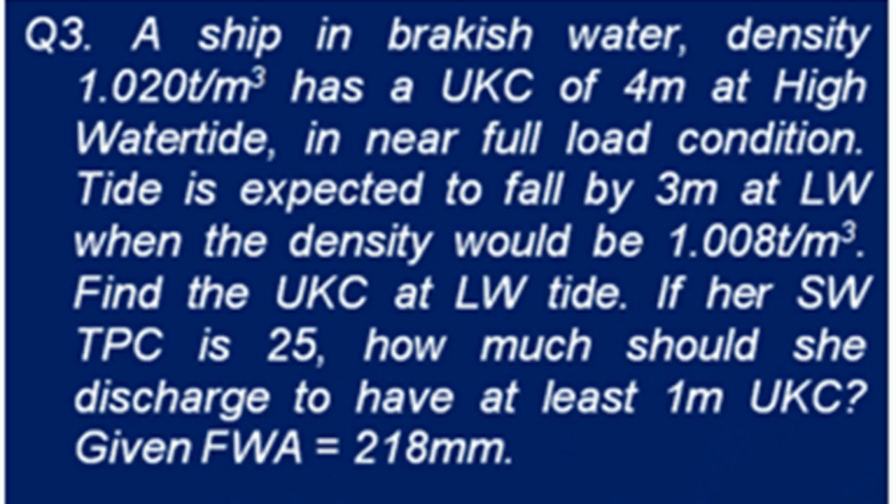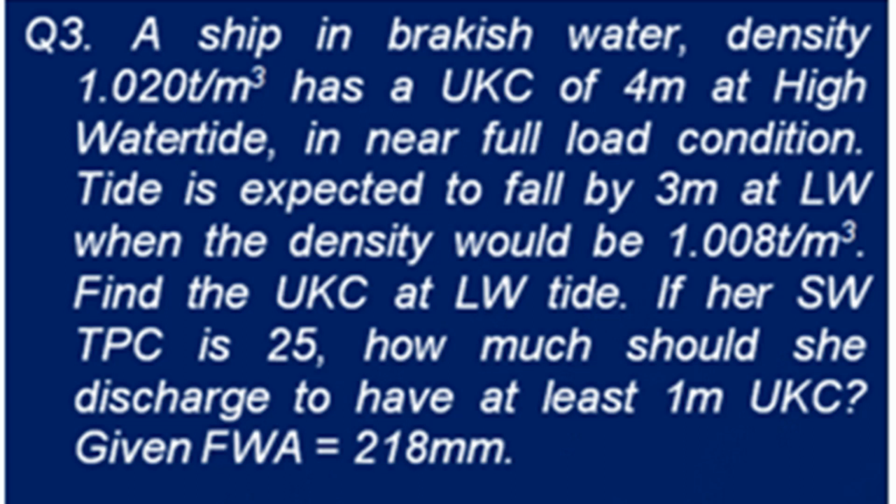Initially, there is an under keel clearance of 4 meters. Now, you are expected to find out what will be the under keel clearance when the tide changes along with the density, and also the tidal height changes.